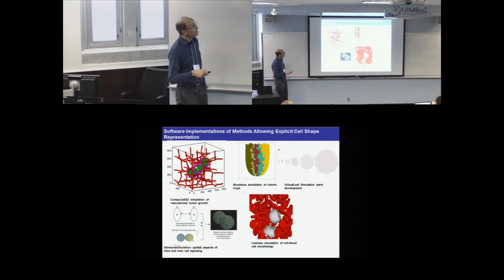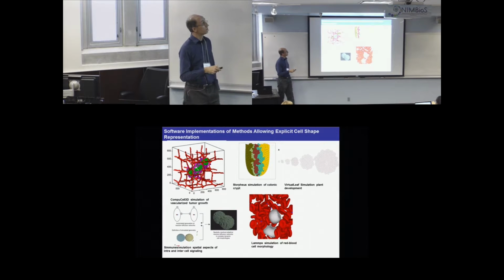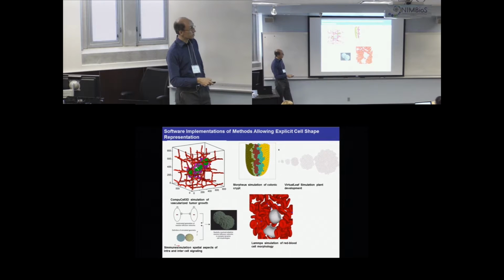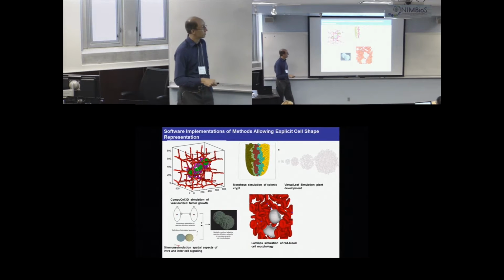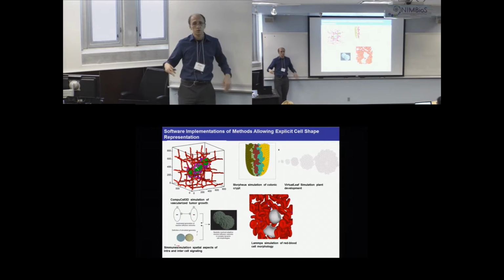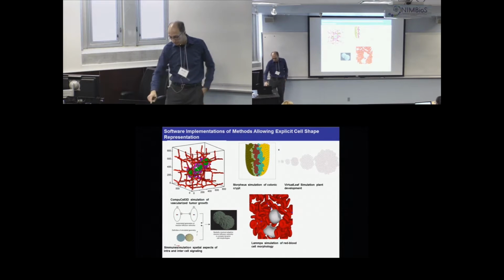There's, of course, Virtual Leaf if you want to study plants, a very nice platform. Of course, there is LAMMPS, developed by Sandia National Lab, a molecular dynamics code which has been repurposed by Karniadakis and colleagues to study red blood cells. Perhaps there is more. I might have skipped something, so please don't get offended if I did not include your platform.